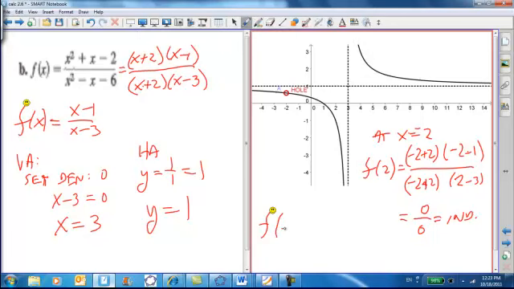If we look at f happy face of negative 2, we get negative 2 minus 1 over negative 2 minus 3. We end up with negative 3 over negative 5, or 0.6. And so we get a hole at negative 2 comma 0.6 because negative 2 makes both the top and the bottom equal to 0. So just be careful of that.